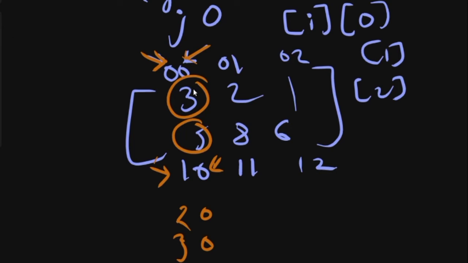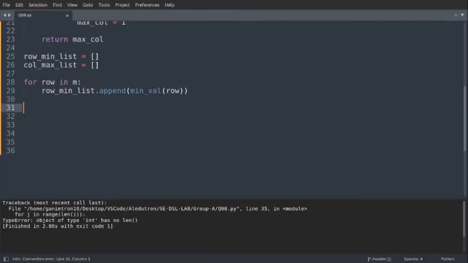So we'll head on to the code, and for i in range the length of m, and then for j in range length of m. Let's take this one now, maybe this should change. We'll first write this and then we will see the values.